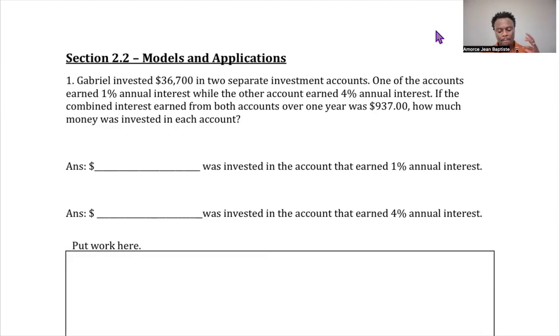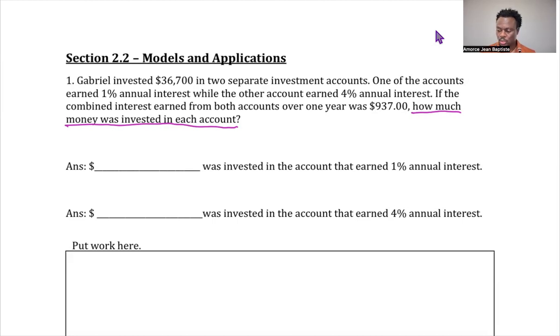If the combined interest earned from both accounts over 1 year was $937, how much money was invested in each account? That's where you find your variables.